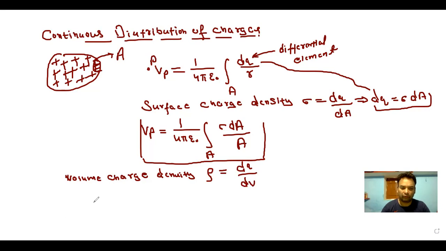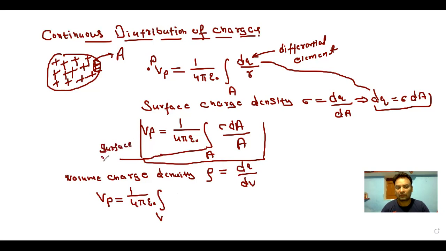So now what will be the potential in this case at point P? So Vp is equal to 1 upon 4 pi epsilon naught. Now this is a volume integral, and this is a surface integral. You call this a surface integral and call this a volume integral.